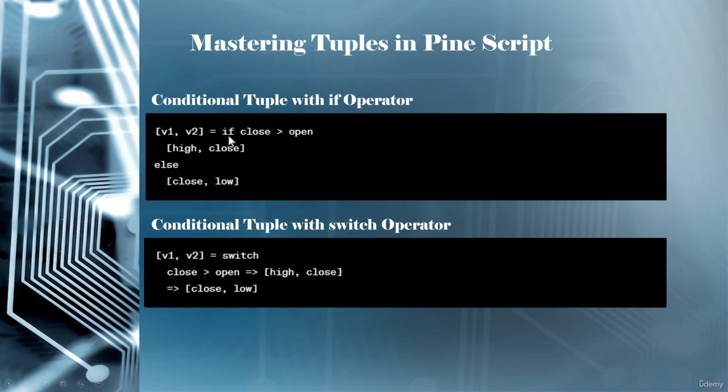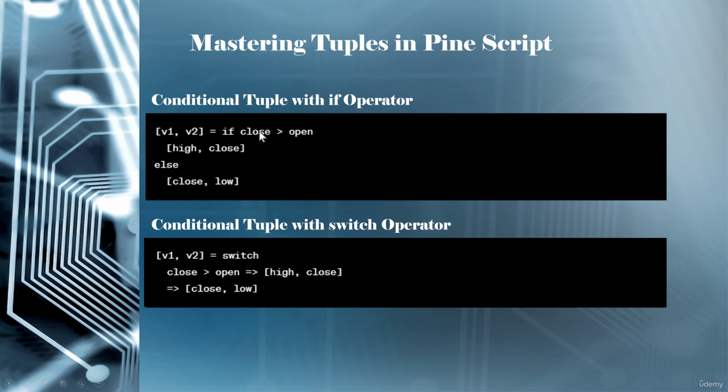We have if operator here that, depending on the condition, returns tuple consisting of high and close value, or if this condition is false, will return tuple of close and low value, and return of if operator will get assigned to the tuple consisting of variable v1 and v2.